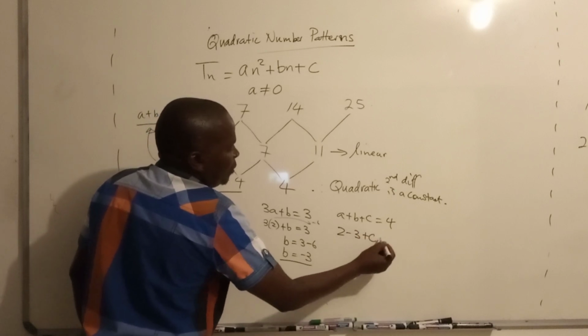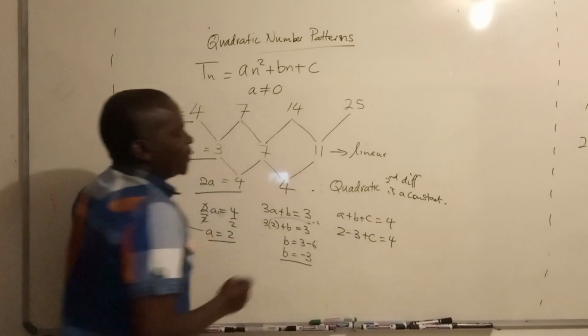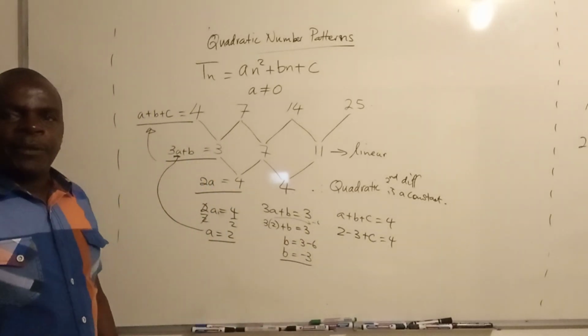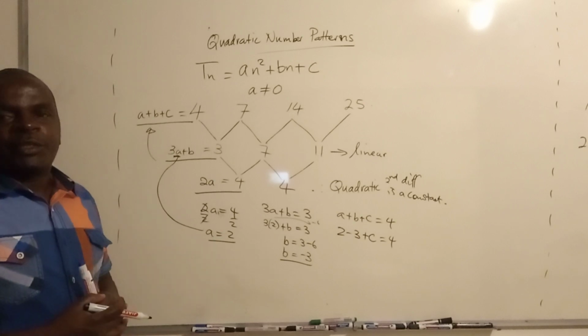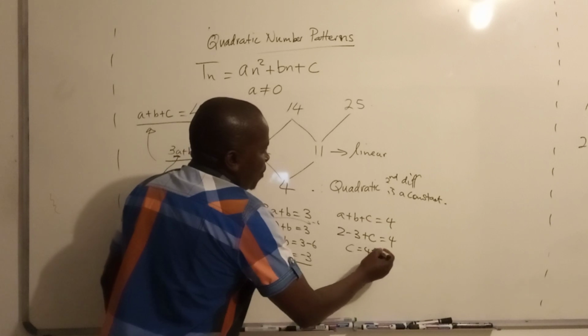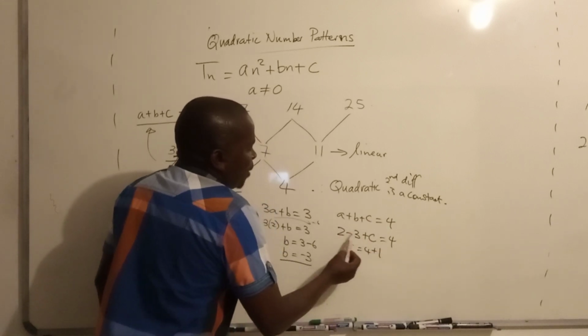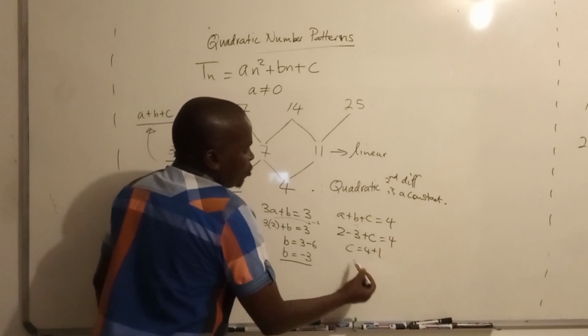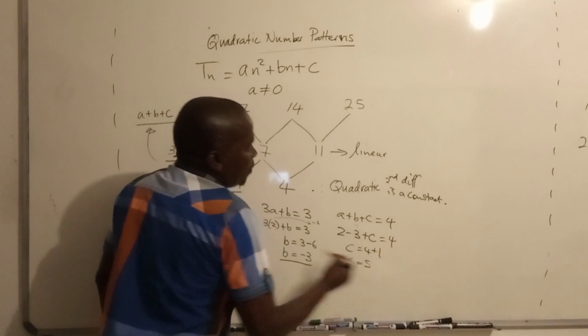We don't know this value. This is what we want to calculate. So from that linear relationship again, we'll be able to find the value of c. What is c from there? c is equal to 4 plus 1. 2 minus 3 will give you negative 1, but if you take it over, it will be plus 1. So c is equal to 5.